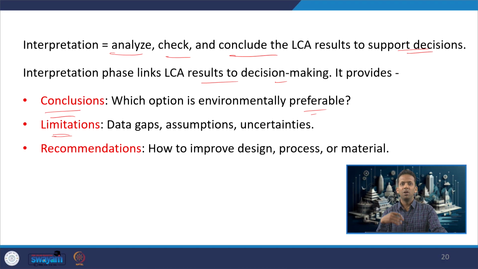Limitations will tell us the flaws or gaps in the methodology, what the uncertainties were, what assumptions were made, why, and whether they are acceptable or not. Three, recommendations: once the impact is known, how and where to improve the process, design or material, so that the impacts are reduced or within acceptable limits.